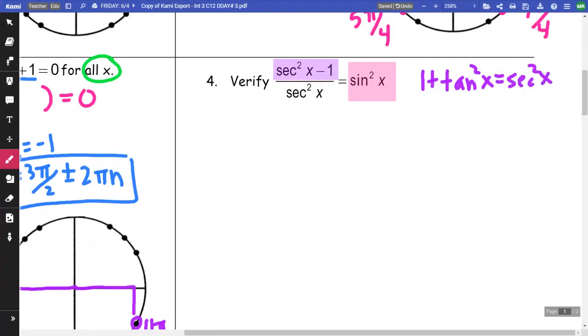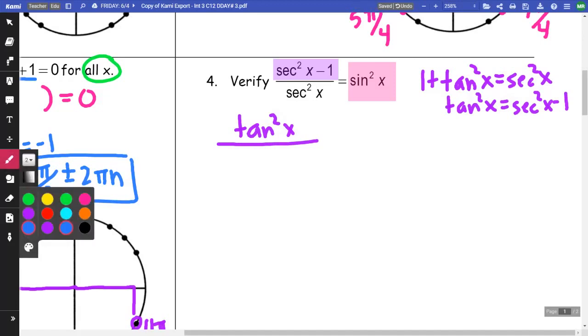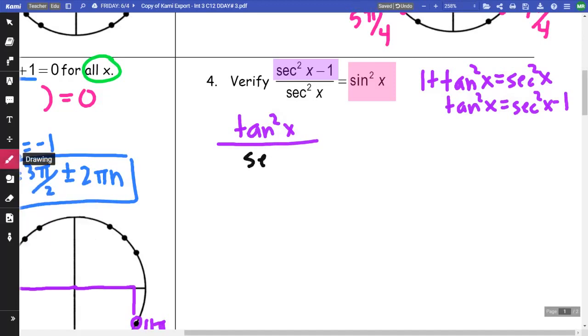So if I have tangent squared x, that is going to equal secant squared x minus 1. So I think I'm going to go that route, and I'm going to put tangent squared x here. And then on the bottom, I still have my secant squared x, equals sine squared x.